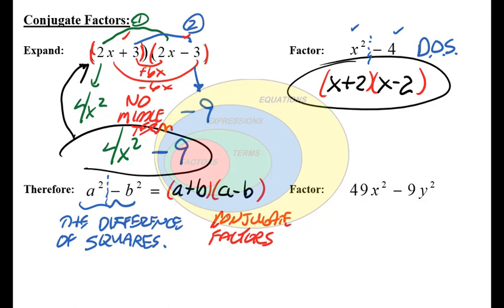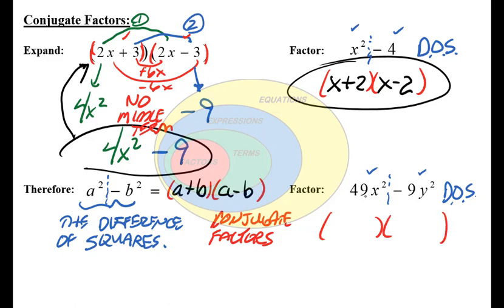So the last expression, again, I want to recognize this expression. It's two terms, again, and I have a perfect square. 49 is a perfect square of 7. And then I have a perfect square 9, which is 3y. So this, again, we recognize as a difference of squares. So it will factor to conjugate factors.